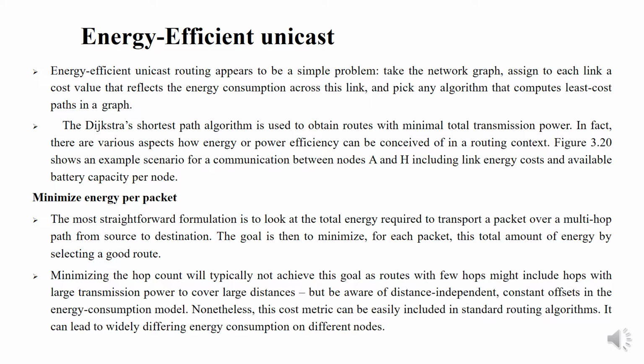But we are aware of distance independent constant offsets in the energy consumption model. Nonetheless, this cost metric can be easily included in standard routing algorithms. It can lead to widely differing energy consumption on different nodes.